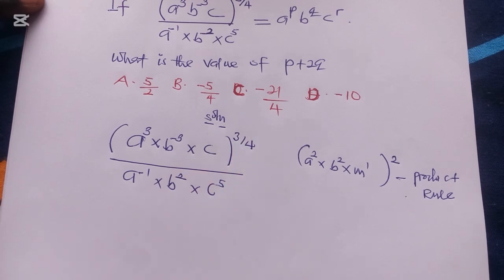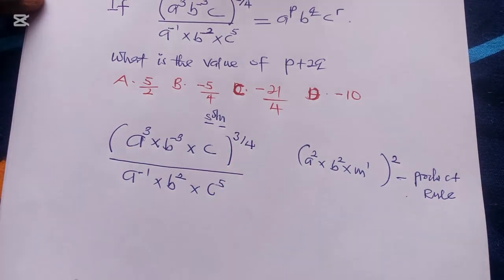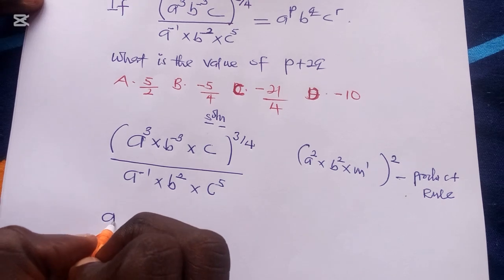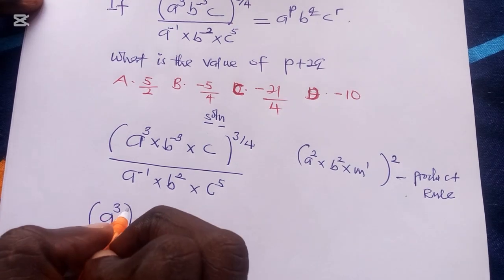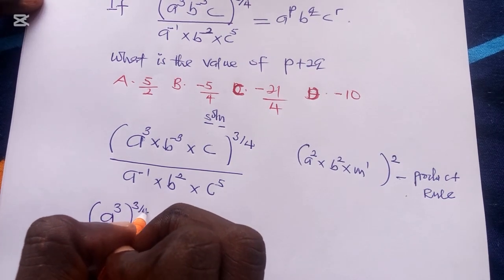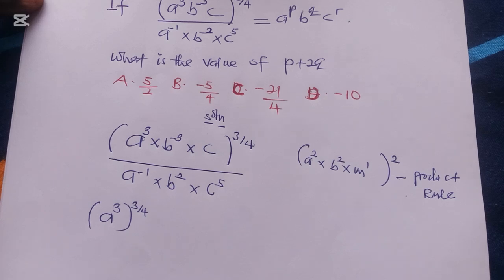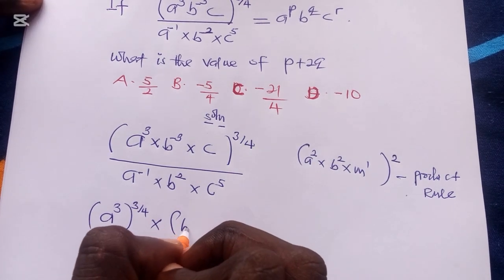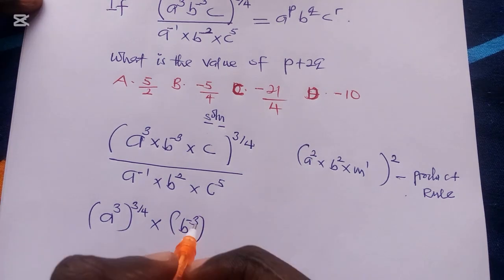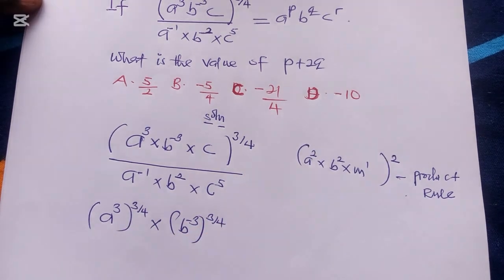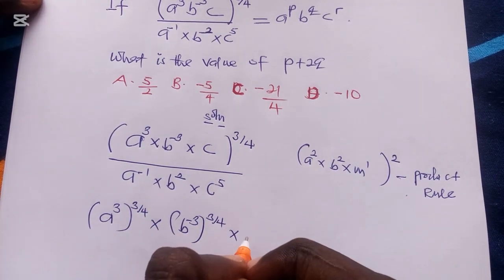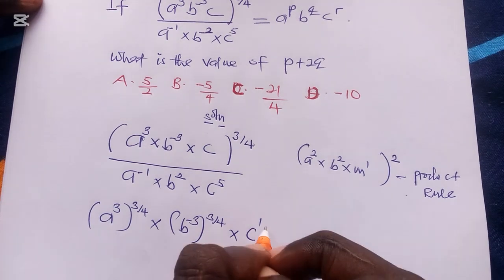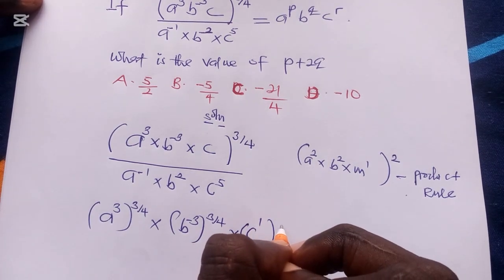That is 3 upon 4. Now we say this is a raised to the power 3, now raised to the power 3 upon 4 also. We distribute the power over each factor. That is what the product rule is trying to say. We have b raised to the power minus 3, now raised to the power 3 upon 4, multiplying by c raised to the power 1, then multiplying by 3 upon 4.